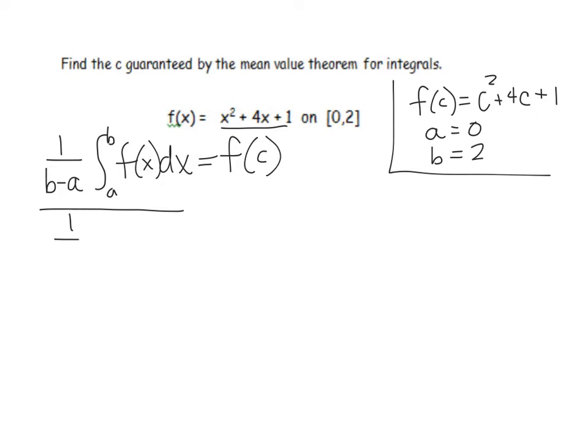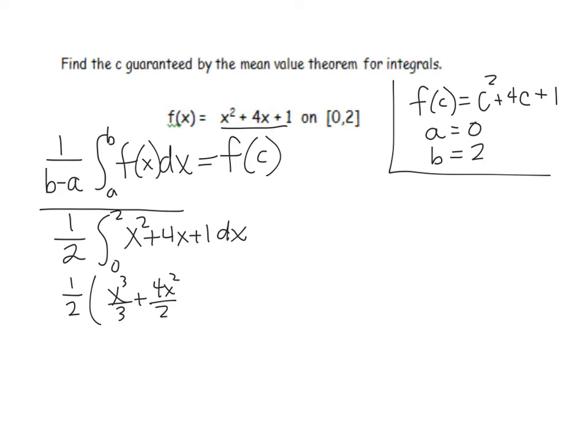So I have 1 over b minus a, which is 1 over 2, from 0 to 2, of x squared plus 4x plus 1 dx. I'm going to integrate and take the definite integral. So to integrate, I've got 1/2 times x to the third over 3 plus 4x squared over 2 plus x, from 0 to 2. Okay, so I have 1/2. When I put a 2 in here, I get 8/3.